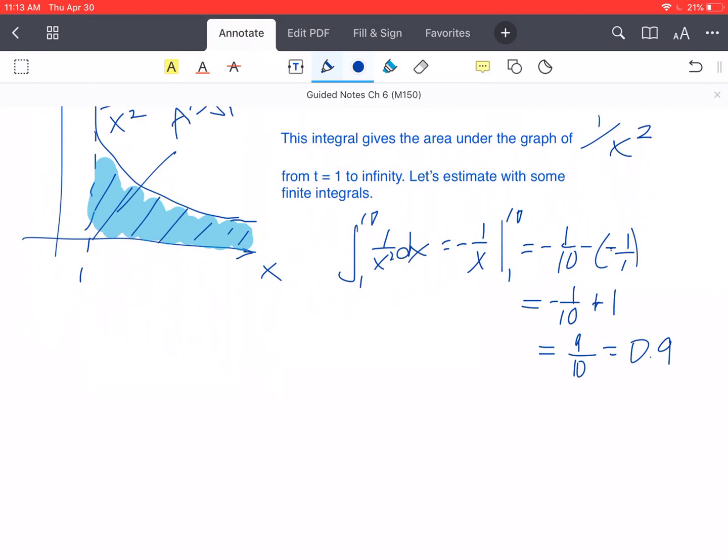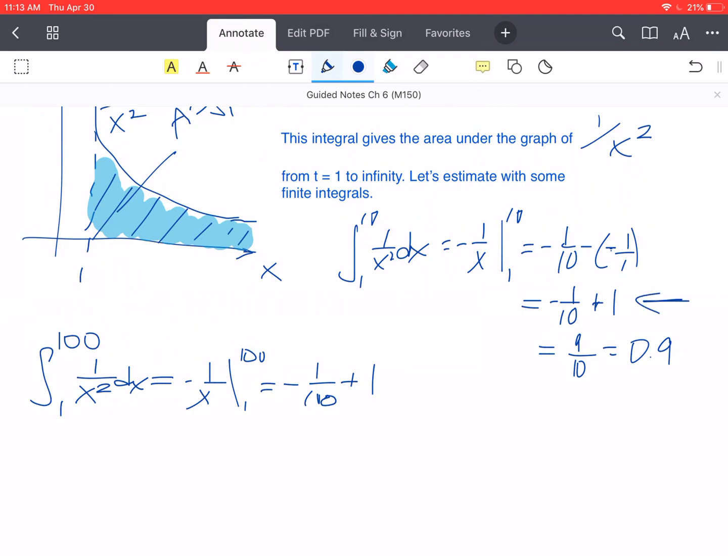Let's step up the scale a little bit. Integral from 1 to 100 of 1 over x squared dx. Antiderivative, negative 1 over x, evaluated 1 to 100. So that's negative 1 over 100 plus 1, just like we had over here. That gives us 99 over 100, which is 0.99.